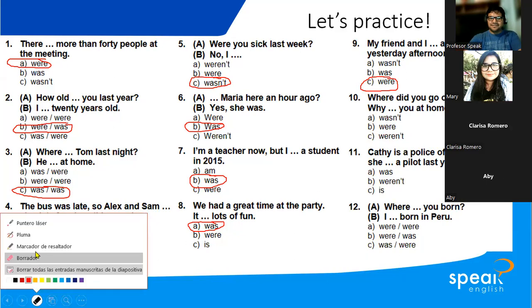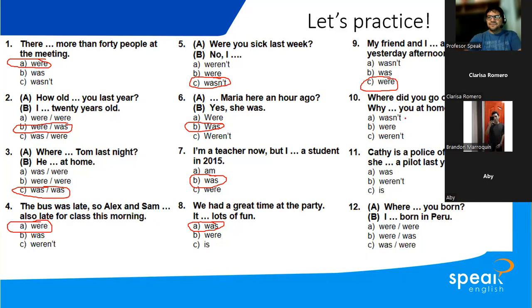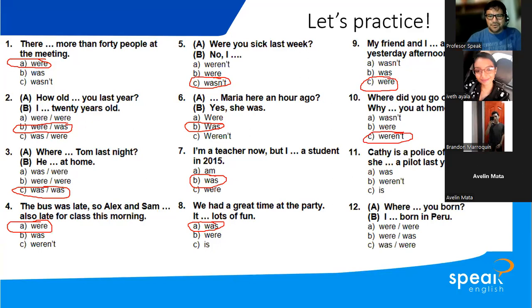Weren't. Why weren't you at home? Weren't, porque la pregunta dice, ¿a dónde fuiste el fin de semana? ¿Por qué no estabas en casa? Tiene más lógica, ¿verdad? Yes. Okay.